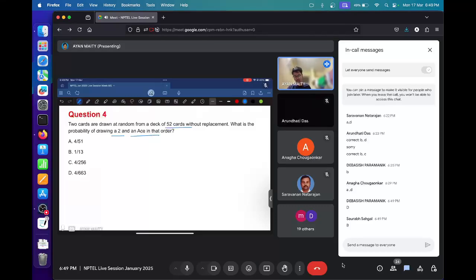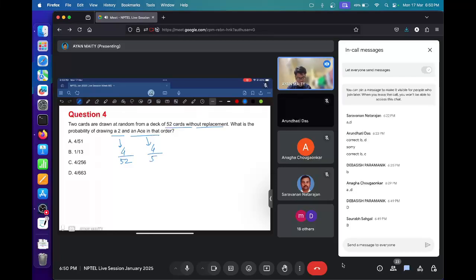So what is the probability of drawing a 2 and an ace in that order? What is the probability of drawing a 2 from 52 cards? There are 4 2s, so 4 divided by 52 is the probability of drawing a 2. And without replacement, now you have to draw an ace. Again, there are 4 aces, but one card is already drawn.